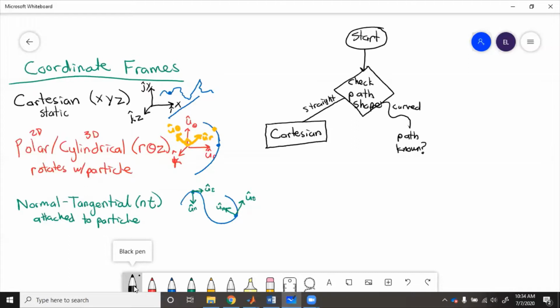Do we know the position vector, the r? If we do know the path, or if we don't know the path, those will give us different answers.